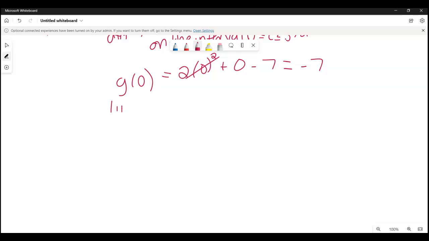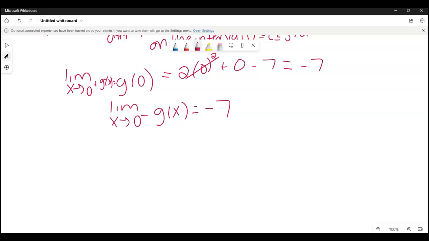And then I'm checking the limit as x approaches 0 from the left, because that was the limit as x approaches 0 from the right of g of x, which equaled g of 0. So this one is also -7. So it is continuous. So then the next thing is that f is differentiable.